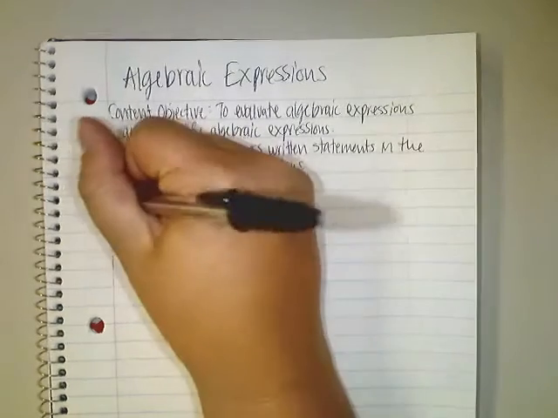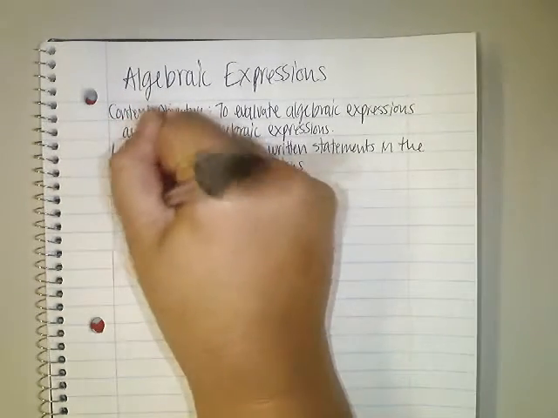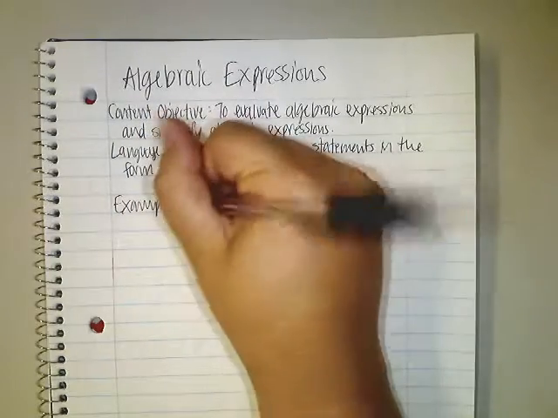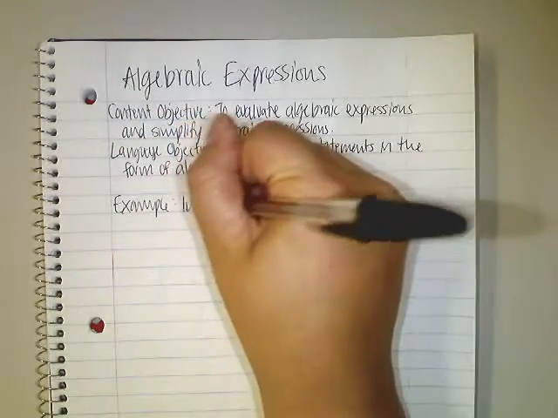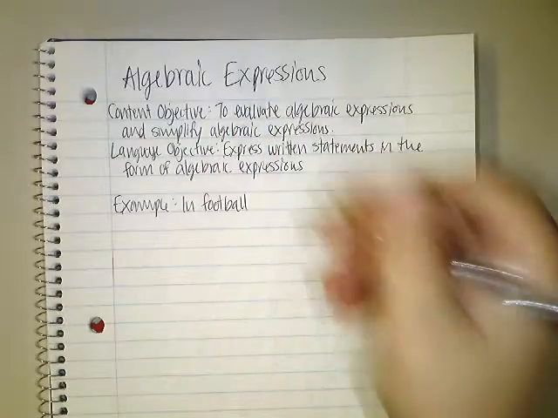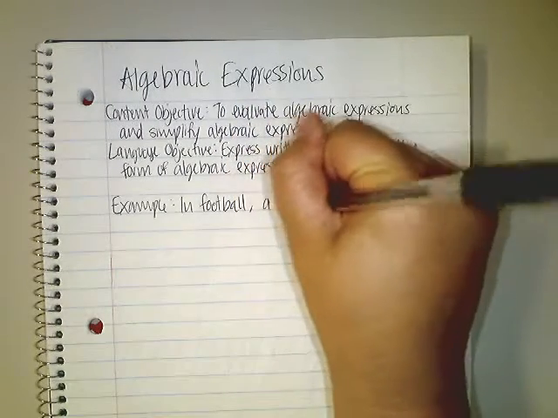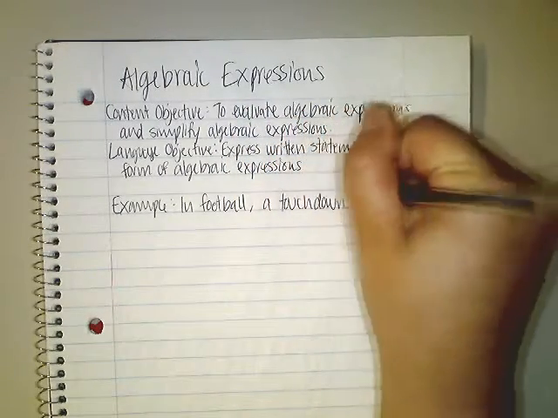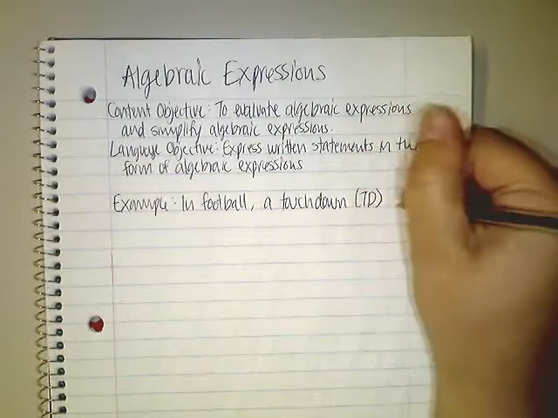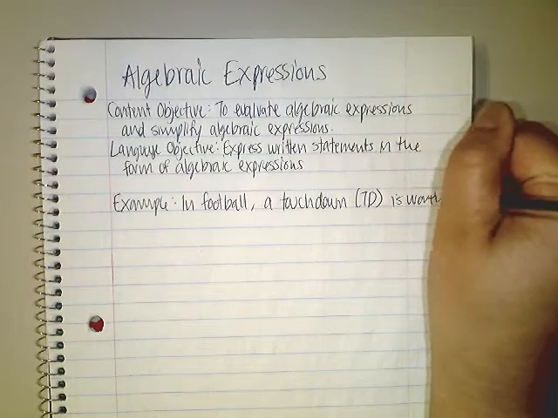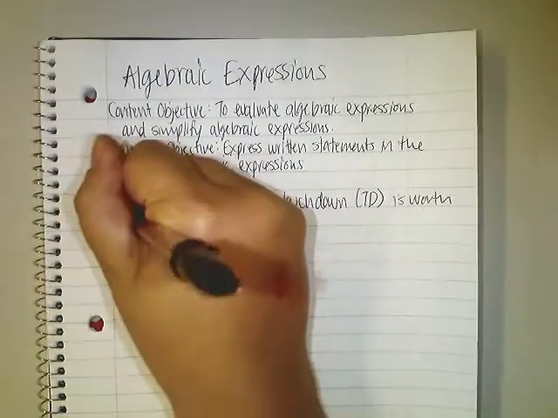So we're going to jump in with an example, and apologies in advance for the longer writing. It's going to be a word problem, so just a warning. So in football, a touchdown or TD is worth 6 points.